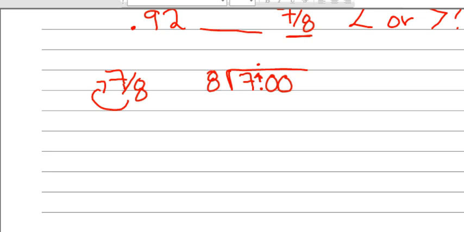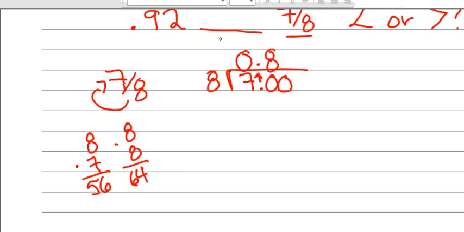So does 8 go into 7? No, too big. Put a 0 there if you want. Does 8 go into 70? Well, I know 8 times 7 is 56. I think I can get closer. 8 times 8 is 64.